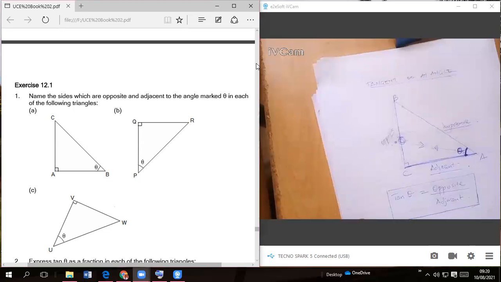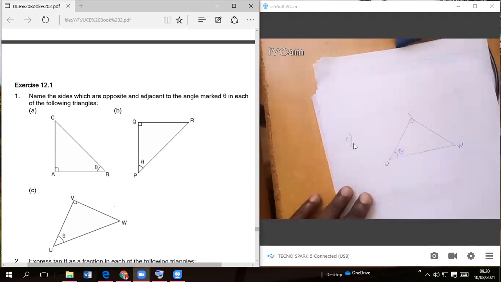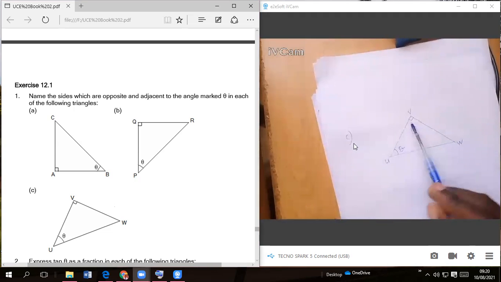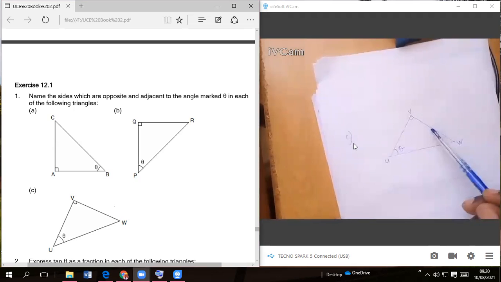So for us to figure out which side is which, let us first look at where 90 degrees is. 90 degrees is here. So either this is adjacent or this one is opposite.